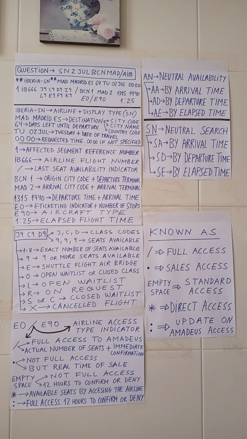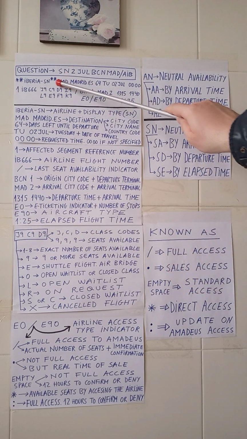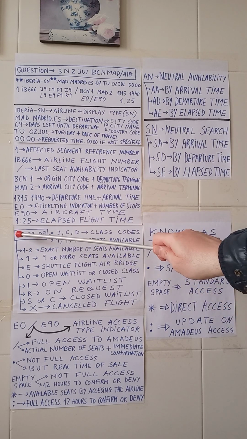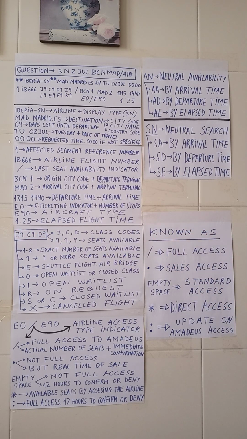Now I am going to explain the codes that indicate the numbers of seats available in each class. I am only going to explain the first three, J9, C9, D9, because the other five, I9, L9, E9, F9, K9, are similar.